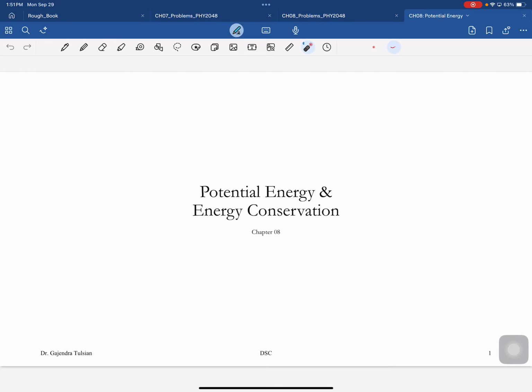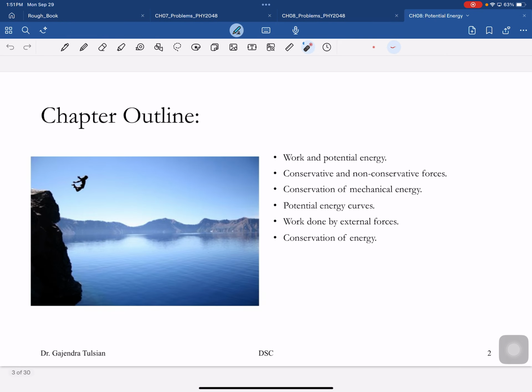All right, so let's get into the slides. So now you see this, you understand this, work and potential energy. For certain forces, the work can be easily calculated using potential energy. Conservative and non-conservative forces.